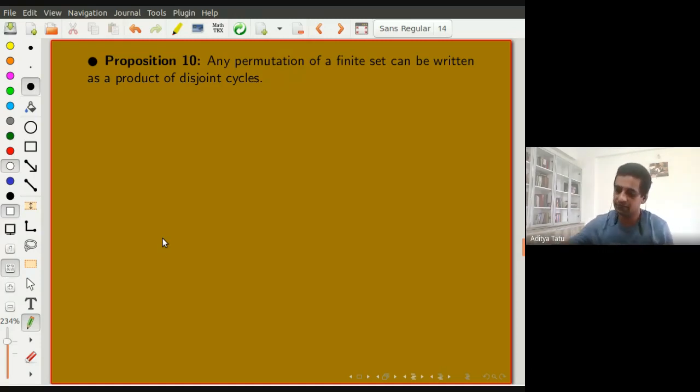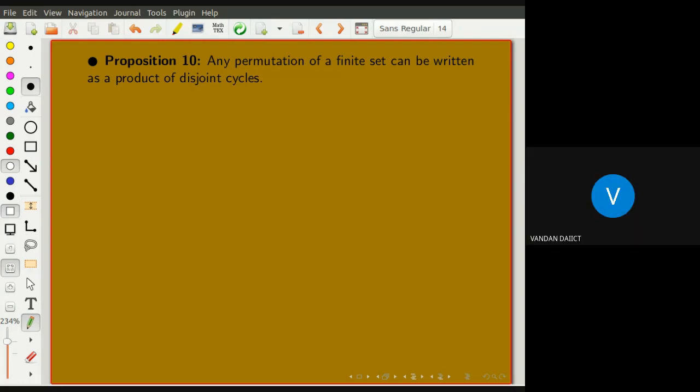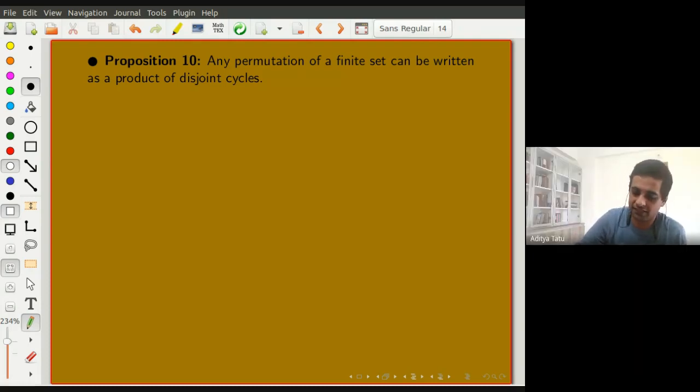Is the statement understood? Yes, sir. If that is clear, how will we prove this? From proposition 9, what do we have?